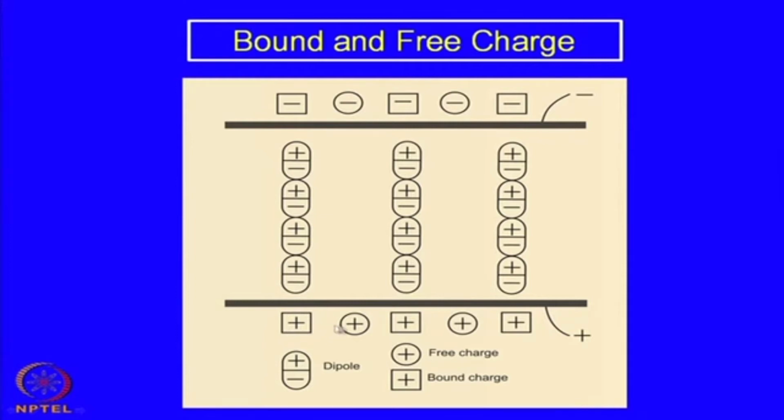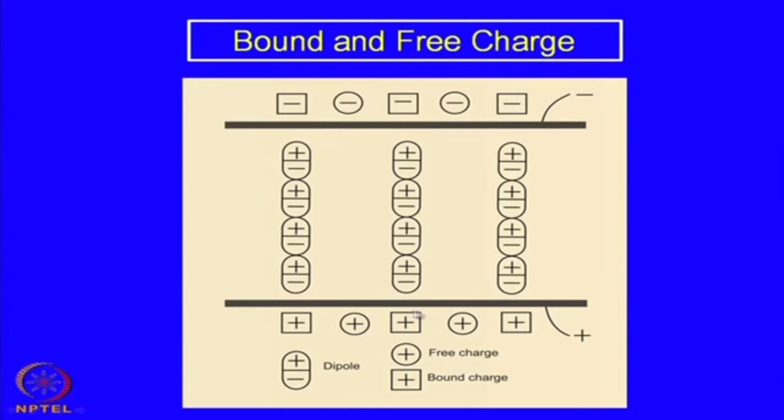Now you can see that these positive charges have a corresponding negative charge inside the material, which is neutralized by another positive charge. So, there is a realignment of the charges.